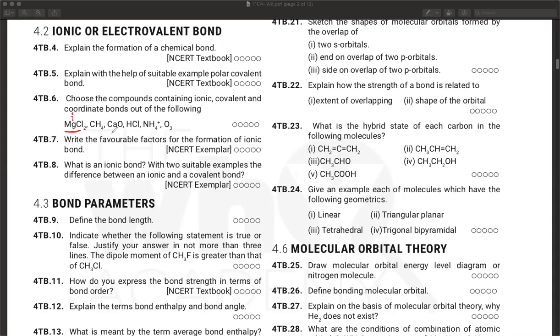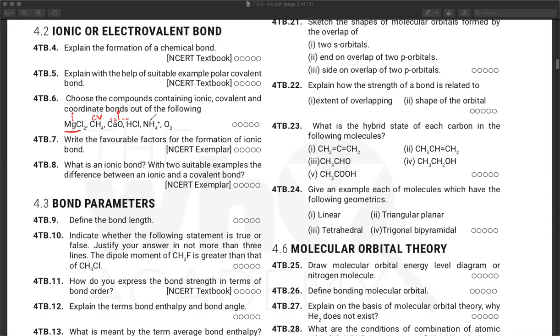Riti, Ishita, Sid, Tarunum? CH4 is covalent. Okay. CaO, calcium oxide? Not sure, but ionic. Yeah, ionic. Calcium is a metal, so yeah. Yes. Calcium is a metal +2, oxygen is a non-metal -2. So this is ionic.